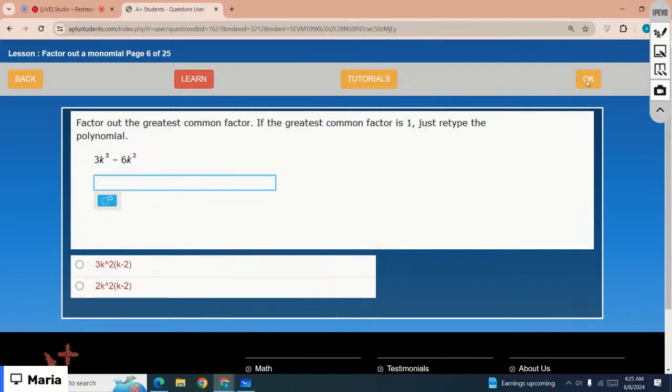If the greatest common factor is 1, just retype the polynomial, that is 3k cubed minus 6k squared. So which is the correct option?